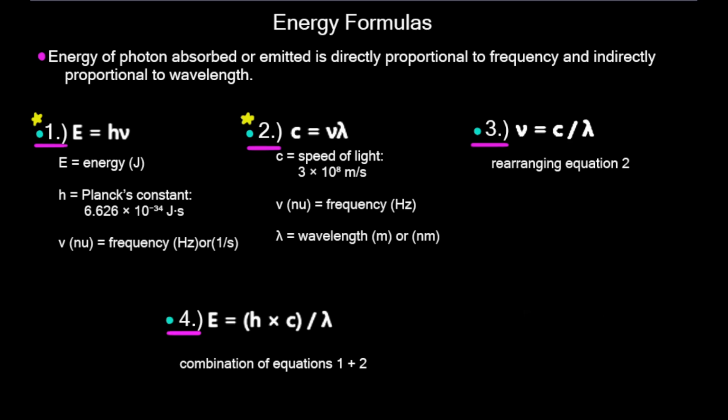If we substitute frequency, the equation nu equals c, the speed of light, divided by wavelength, into the first equation, we get E equals h times c divided by lambda. This shows that energy is inversely proportional to wavelength. So a high energy photon has a short wavelength and a low energy photon has a long wavelength.